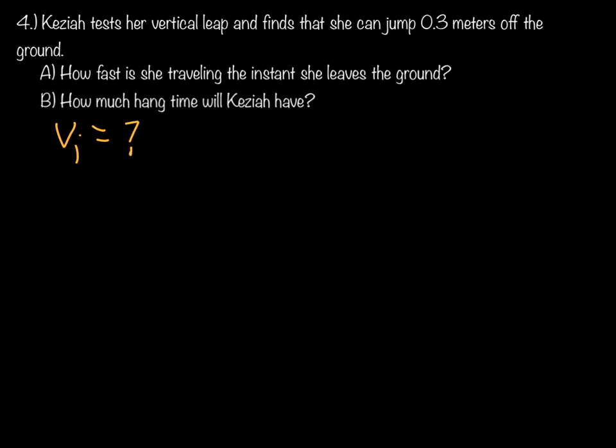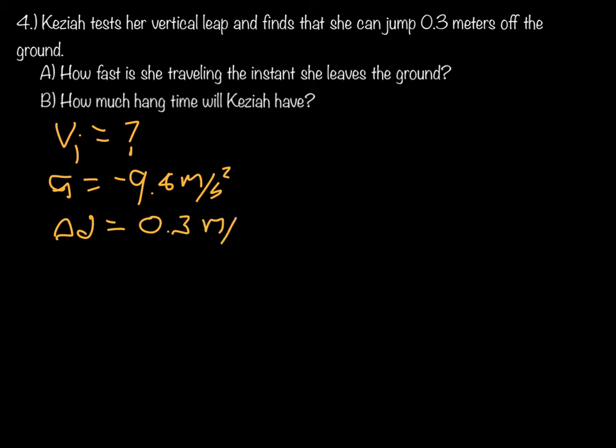That's our question. So we know that the acceleration is negative 9.8 meters per second squared. We know that her displacement is 0.3 meters above the ground. And we know that her velocity at the very top, before she comes back down, when she's at that 0.3 meters, has to be 0 because you have to stop before you can come back down.